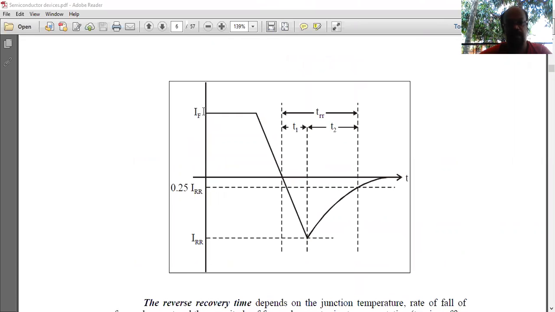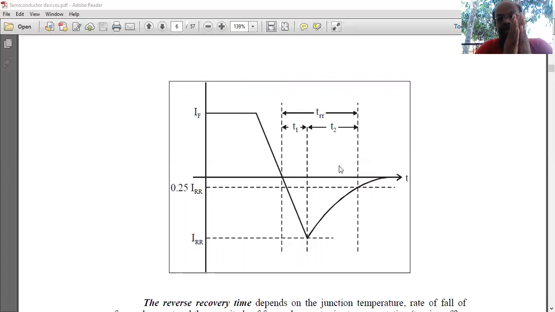What about the forward current? When the diode becomes reverse biased, the current comes to zero but does not stop there. It takes some more time, because of the recombination of charges. In a PN junction diode, with the P part and N part, carriers are crossing, so the depletion layer is depleting.